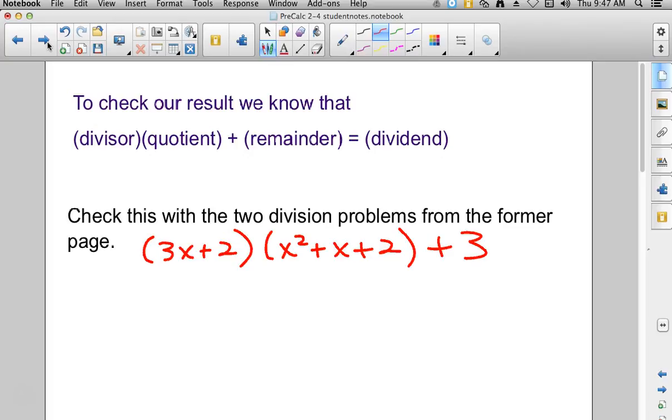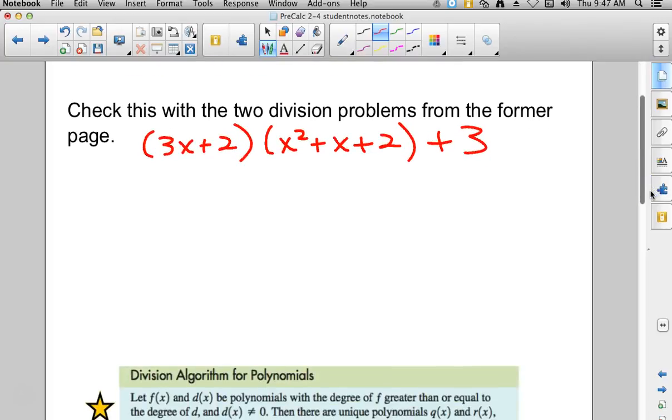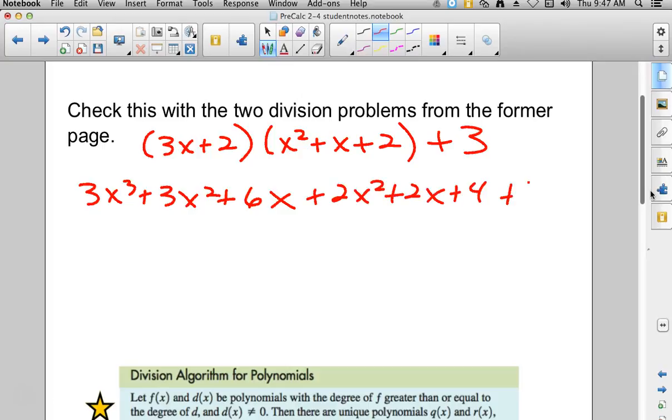Granted, it's kind of putsy multiplication, but it's multiplication because we're going to distribute 3x times everything in the other set of parentheses. We're going to take the 2 and distribute it times everything in the parentheses. And we're not going to forget about that little 3, because remember, this isn't going to work without that remainder. And then we'll combine like terms.